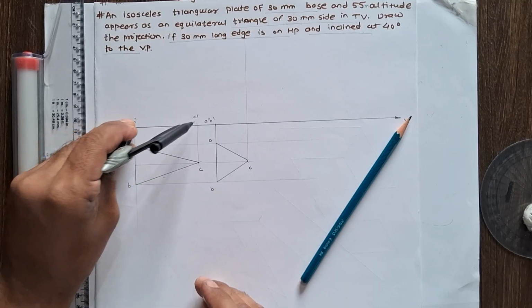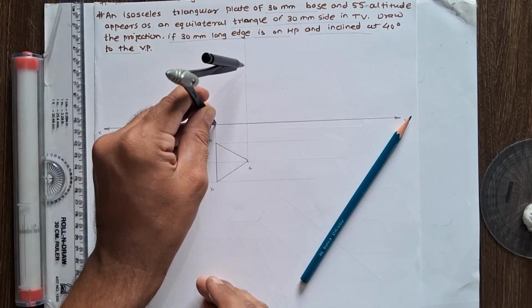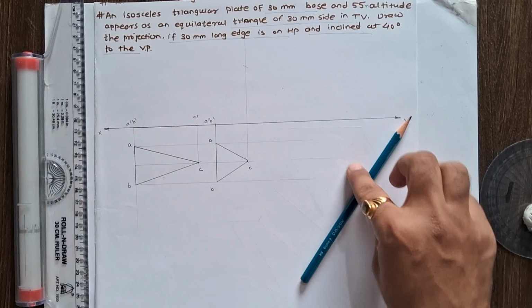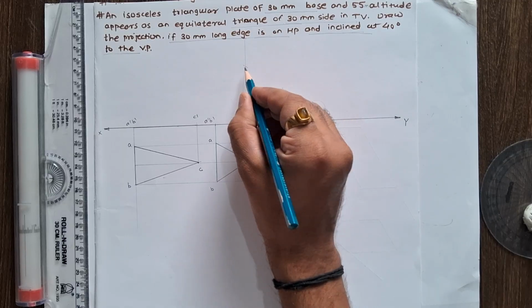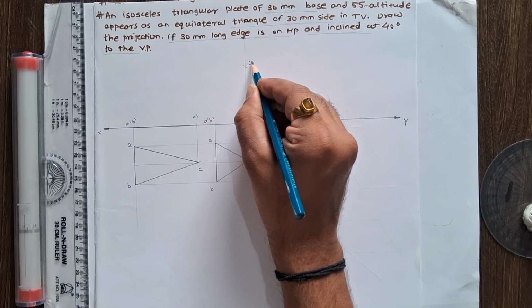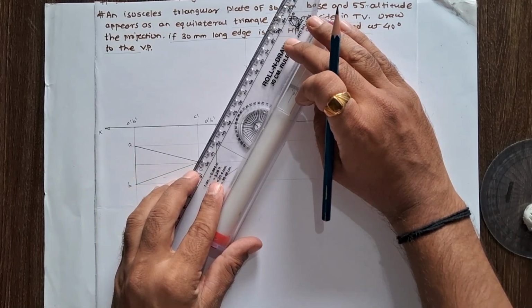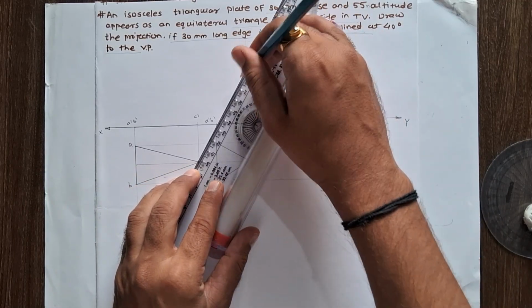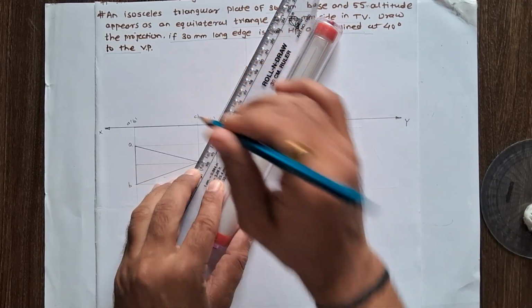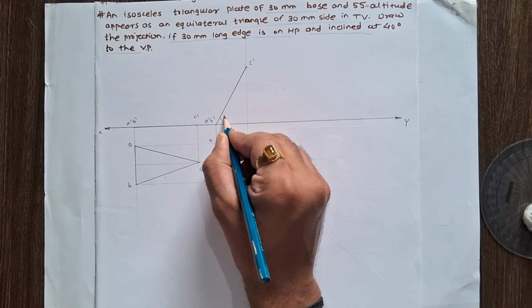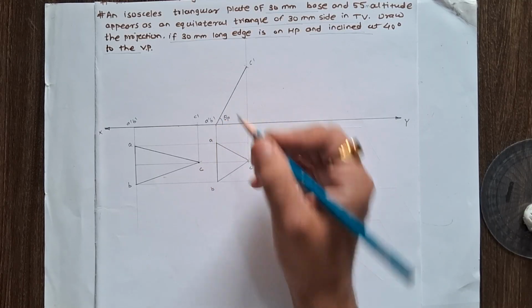This is A dash, C dash. From A dash, mark an arc on the vertical projection of C. So here we get a point C dash. And if you join A dash, B dash, C dash, this is the plane inclination with the horizontal plane. So this angle is the theta plane angle.